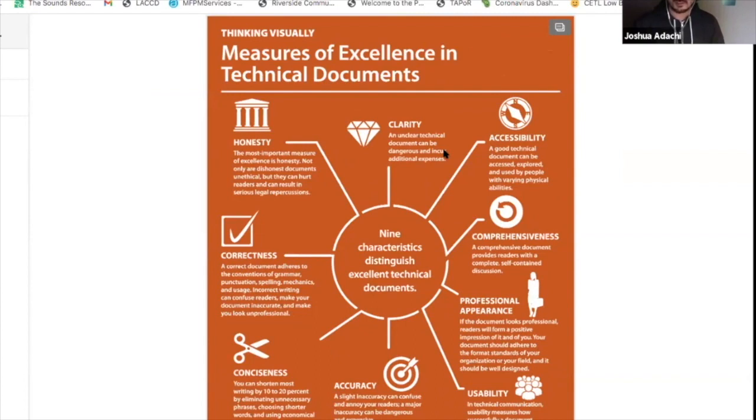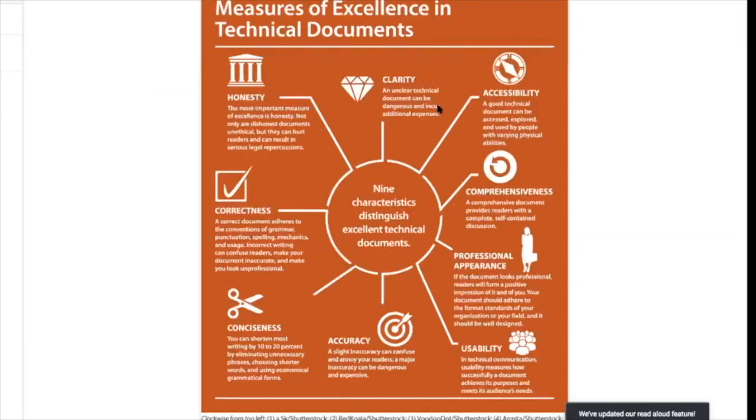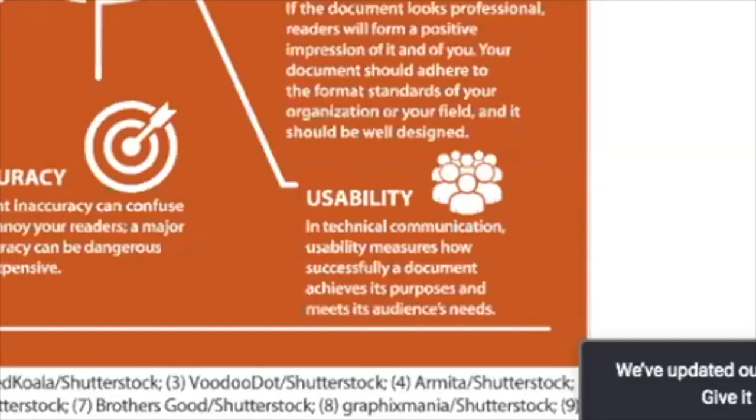Professional appearance. If the document looks professional, readers will form a positive impression of it and of you. Your document should adhere to the format standards of your organization or your field, and it should be well designed. Usability. In technical communication, usability measures how successfully a document achieves its purpose and meets its audience needs.